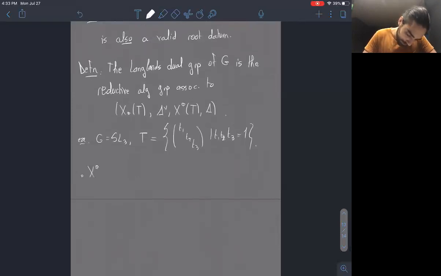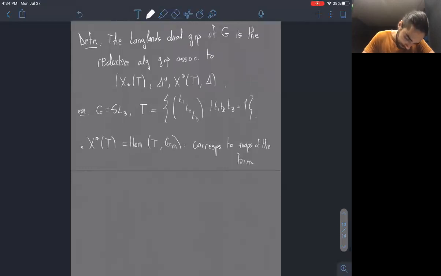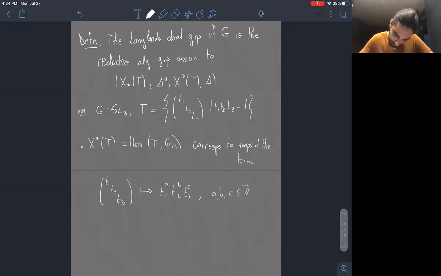So X star of G, so those are going to be maps from G to Gm, algebraic maps. This is going to correspond to maps of the form where I act on an element t1, t2, t3, and it's going to send it to t1 to the a, t2 to the b, t3 to the c, where a, b, and c are some integers.